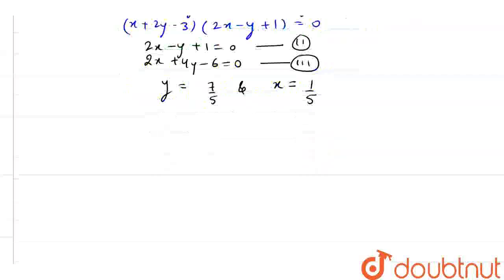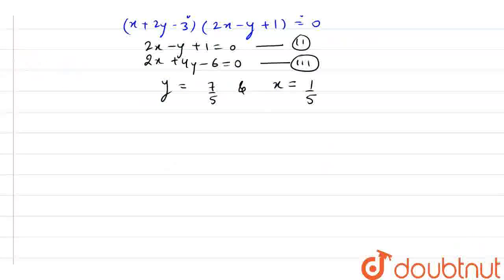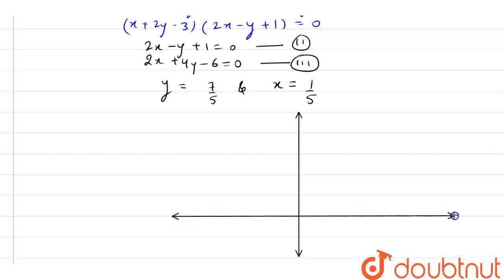Now let me draw it for you. So we have our two lines and their point of intersection. Now if you look at this line, if I want to find its x coordinate, then I have to put y equals to 0. When you put y equals to 0, you will get 2x plus 1 equals to 0, and the coordinate of x will be minus 1 by 2.